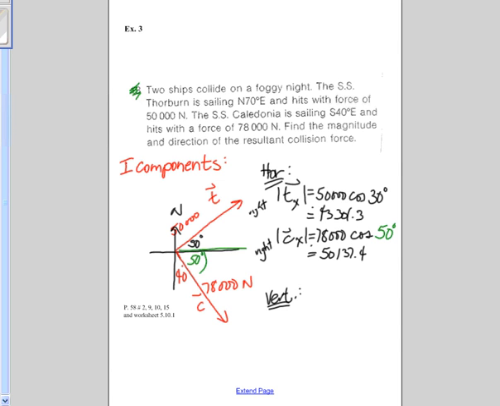So my resultant, since both are to the right, would be adding those two together, approximately 93,438.7 to the right.